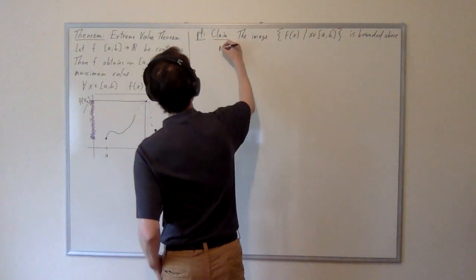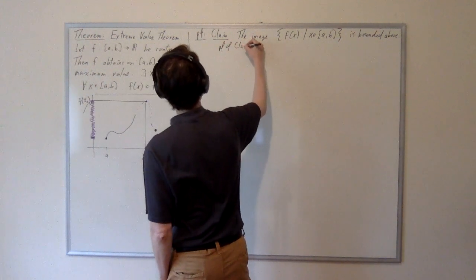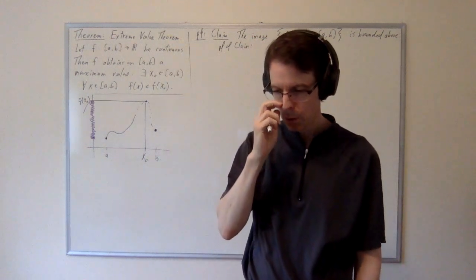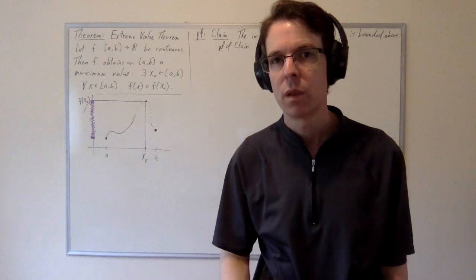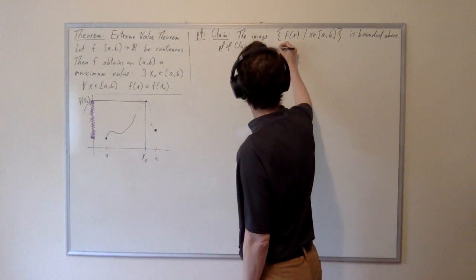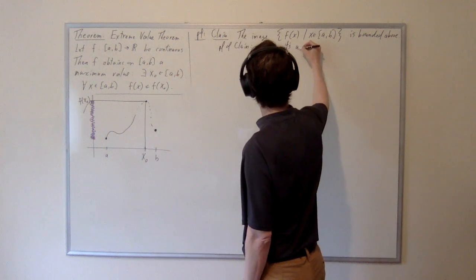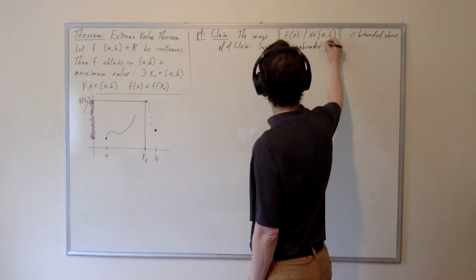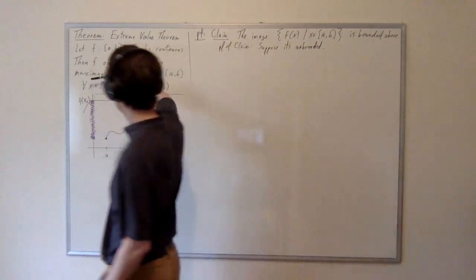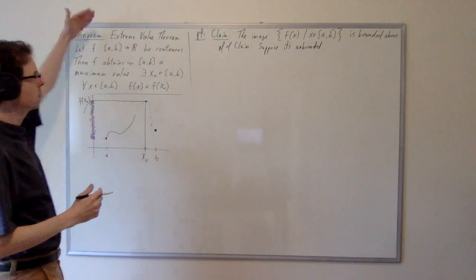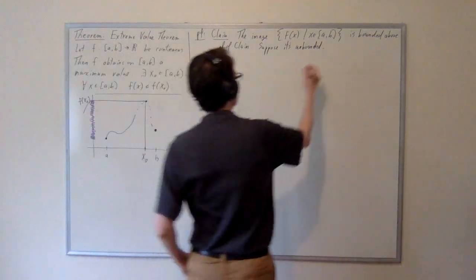And in order to prove this claim, we're actually going to use a proof by contradiction. We're going to suppose that this range is unbounded. So we have an unbounded range. And then that means that no matter how high you get along the y-axis, there is some x value such that f of x exceeds that. So let's state this.